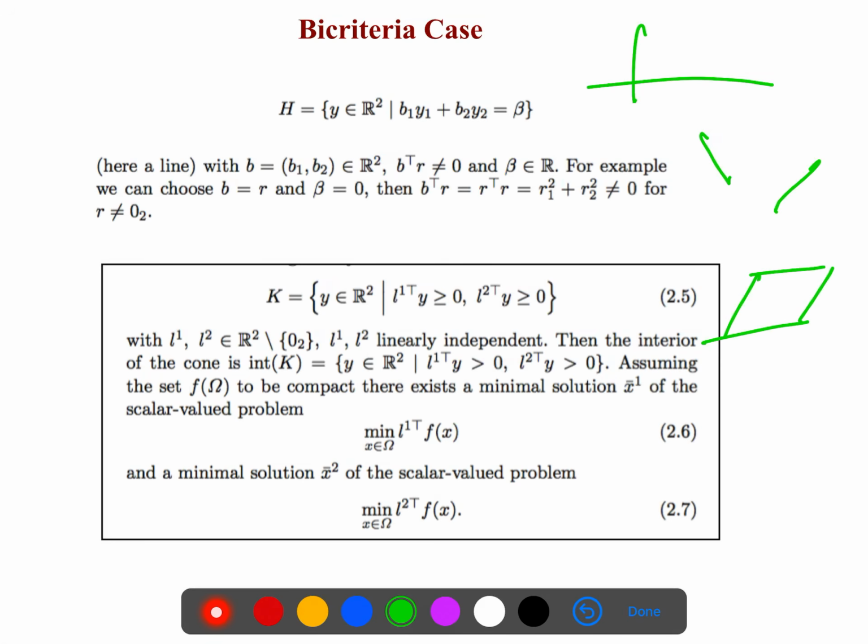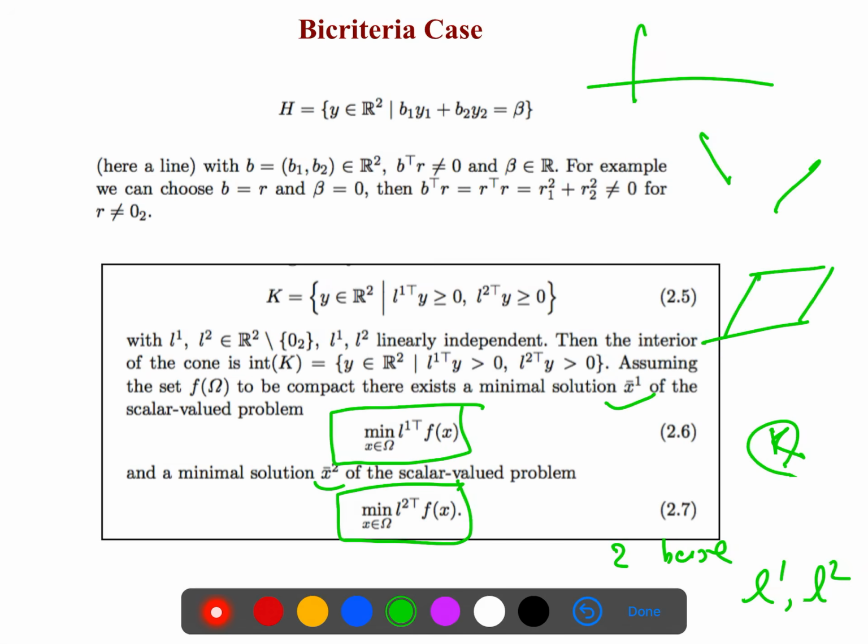So if x1 is a solution of L1 transpose f of x, and x2 is a solution of L2 transpose f of x, then our polyhedral cone is derived by just 2 basis vectors, 2 rays, L1 and L2. And the matrix K that I mentioned is 2 by 2.